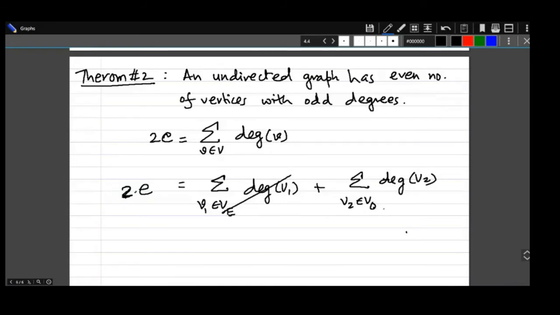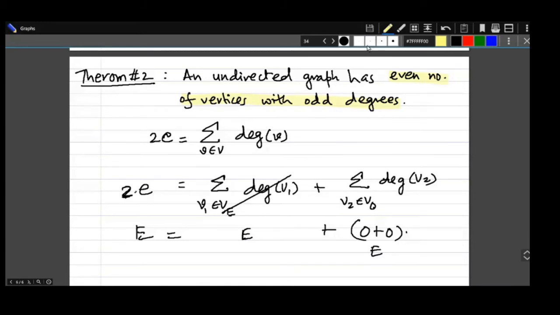Here you must have an even number of vertices with odd degree, and then it is proved. This is even, this is even. To make odd plus odd even, you have to have an even number of vertices. So I'll just highlight it: the even number of vertices with odd degrees.